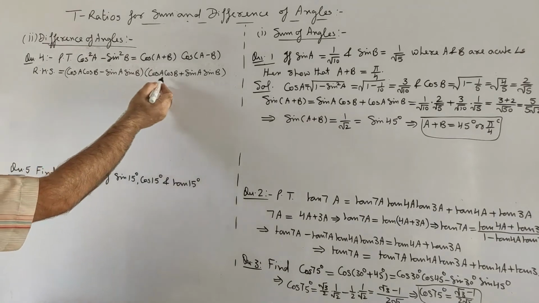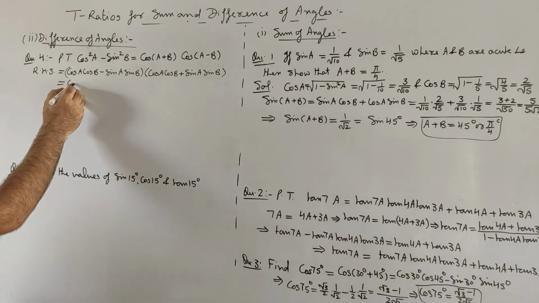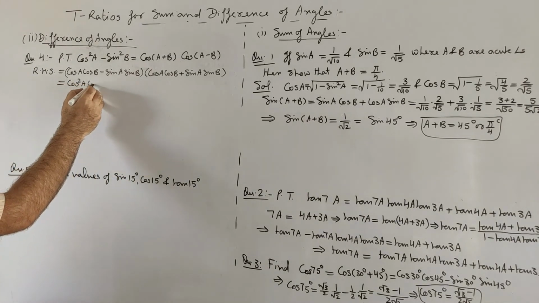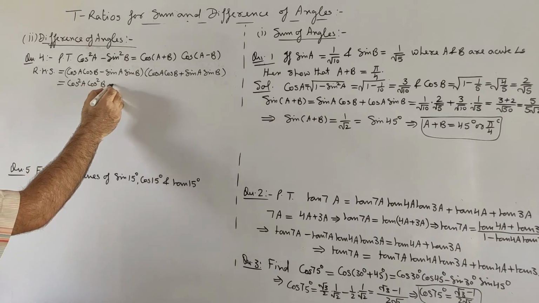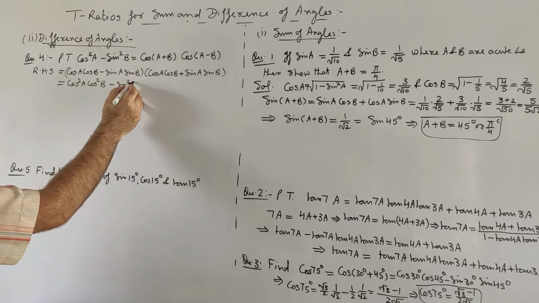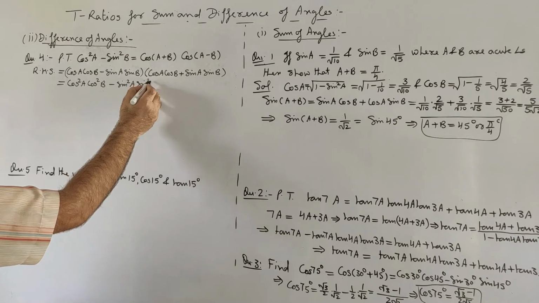Now (a plus b)(a minus b) will give us cos square a cos square b minus sin square a sin square b.